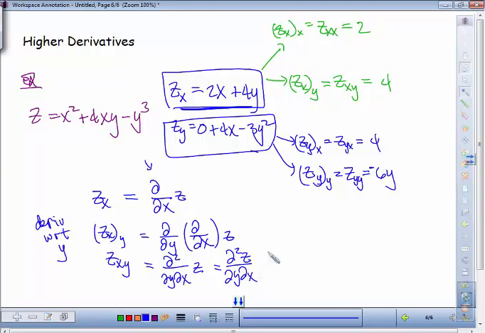So the basic idea is that if you're using Leibniz notation, you're reading this from right to left. You're taking the derivative with respect to x first, and then with respect to y after. If you're using the subscript notation, you're going from left to right. Take the derivative with respect to x first, and then with respect to y. Okay?